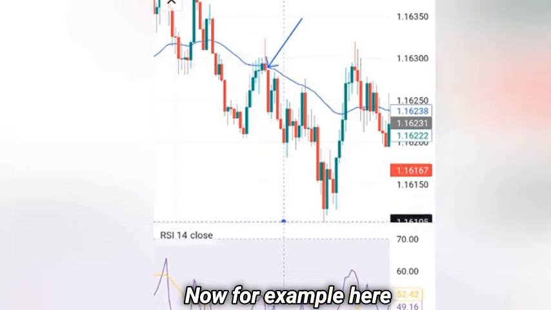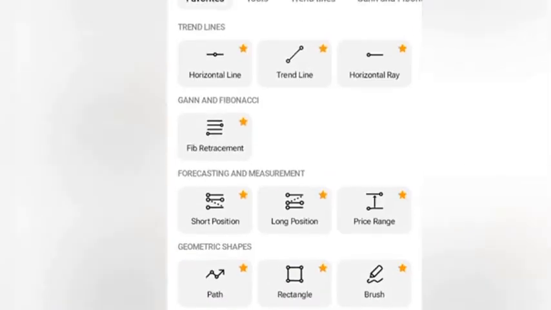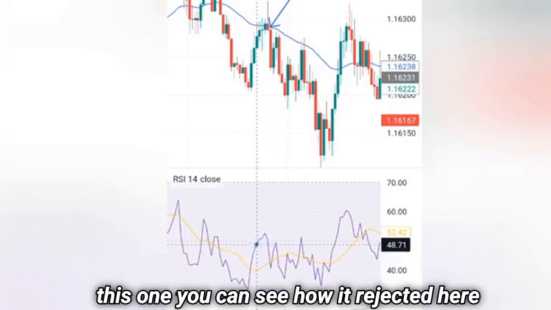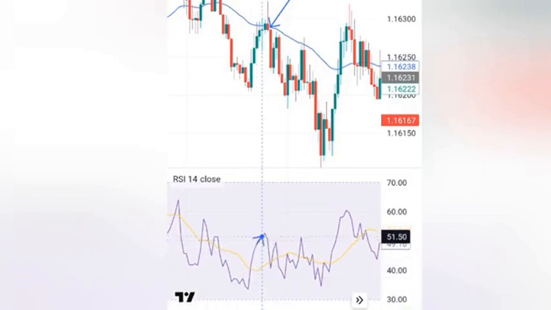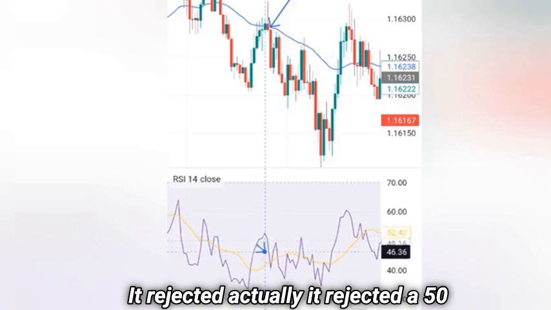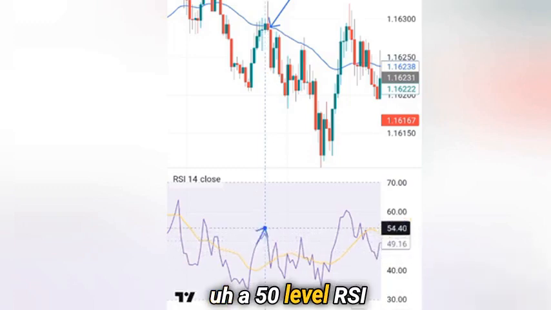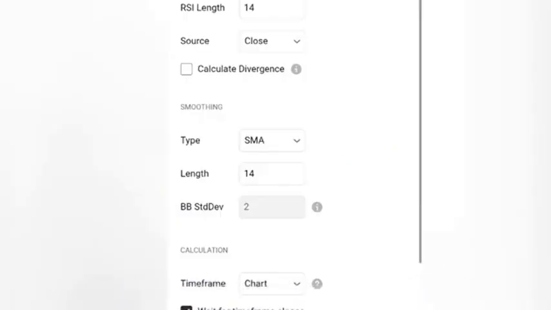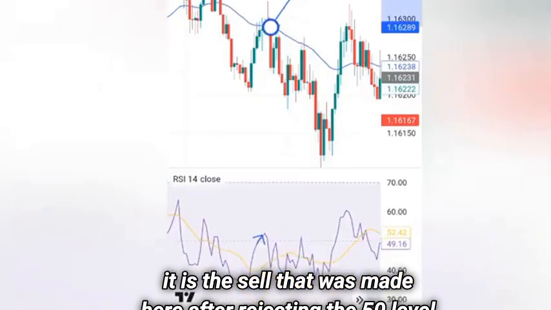Now, for example, here. You can see how it rejected the 60. It rejected the 50 level of the RSI. And you can see the sell that was made here after rejecting the 50 level.